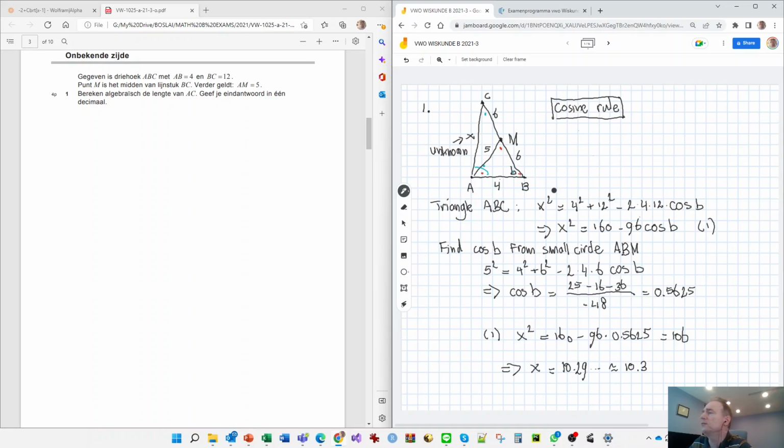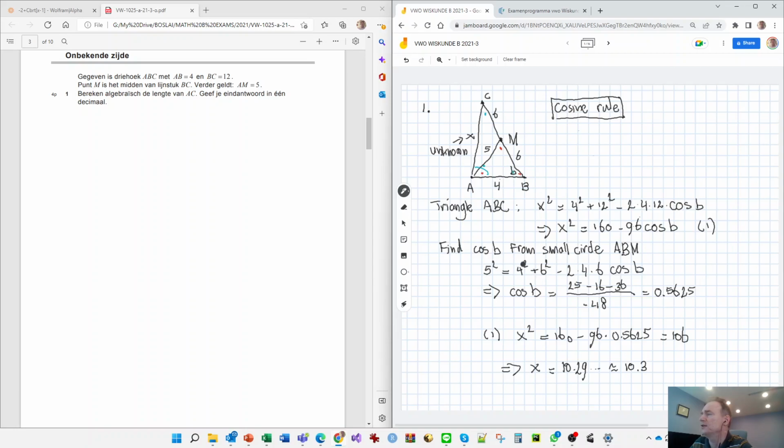Well, the cosine rule will tell you that the length of the opposite line segment of the triangle squared, so 5 squared, is 4 squared plus 6 squared, the adjacent segments belonging to the angle, and then minus 2 times also these 2 lengths here, times the cosine of the angle.